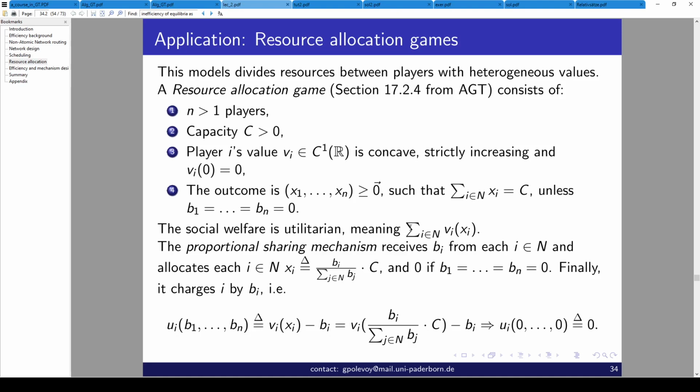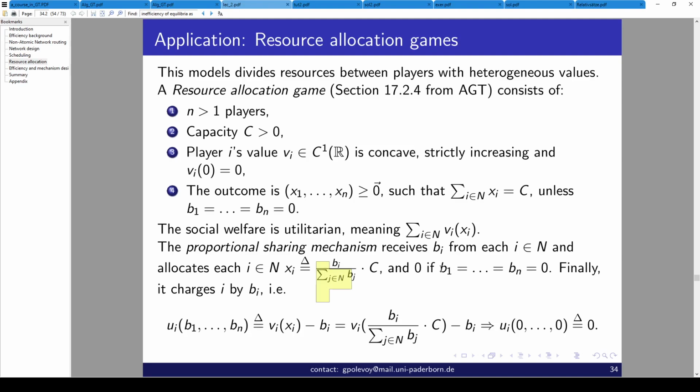When I say mechanism in a game, the player just provides a number, and the mechanism allocates each player the ratio of her bid relative to the total bid of this capacity, unless, of course, everyone bids 0, and in that case it's not defined. The sum of the bids is 0, so the denominator would be 0.